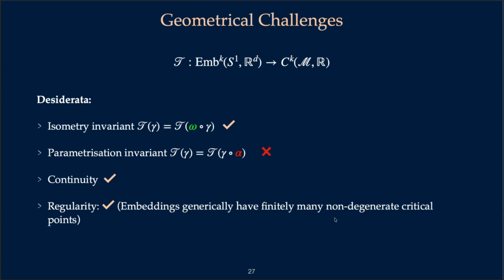We only restrict to continuous embeddings and do not have higher requirements on differentiability. And it is also, I meant to change it to tame. So tame in the sense that embeddings generically have finitely many non-degenerate critical points. So you can't have a crazy function with infinitely many critical points popping out.